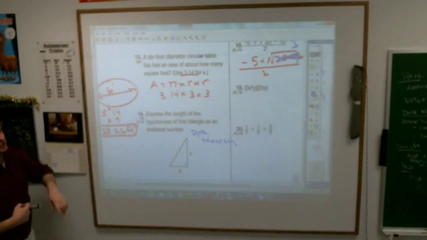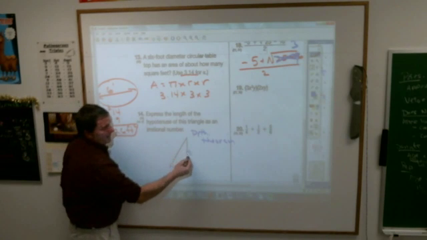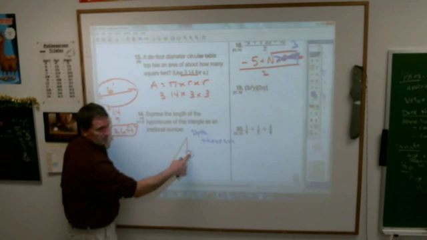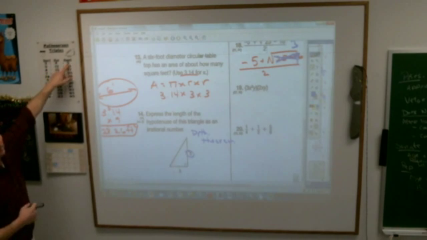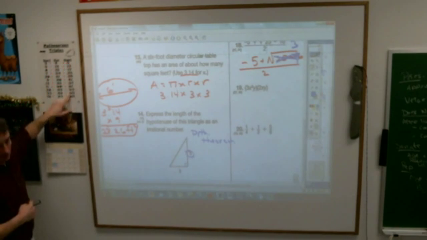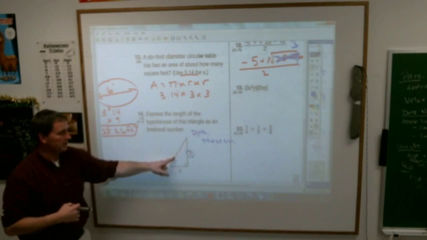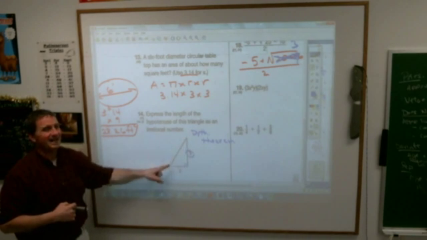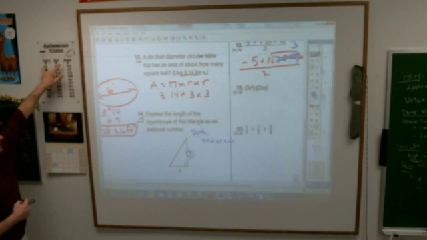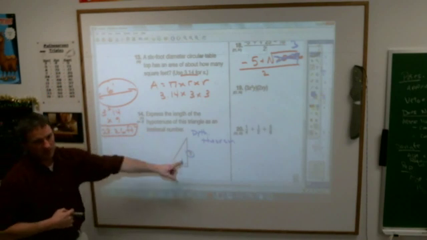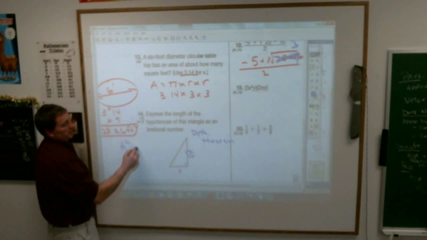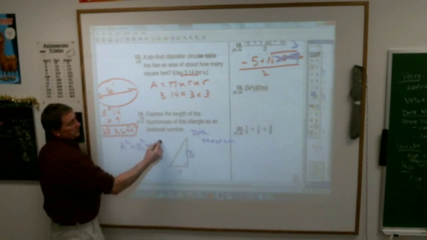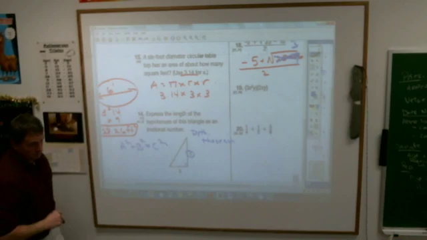But what you must understand is that this 5 is the biggest number in the Pythagorean triple. It's a 3, 4, 5. The 5 has to be the hypotenuse, which is this longest line. And since it's not the hypotenuse, this Pythagorean triple does not apply to this. So you have to actually write it out as a squared plus b squared equals c squared.